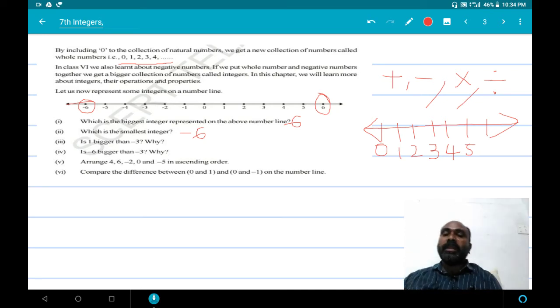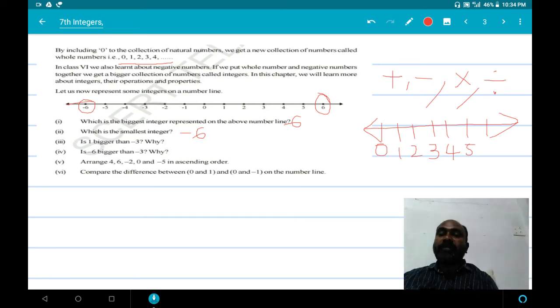Okay, here we compare this. If 1 is here and minus 1 is here, 1 and minus 1, which is bigger?